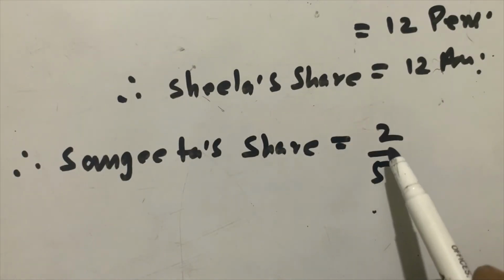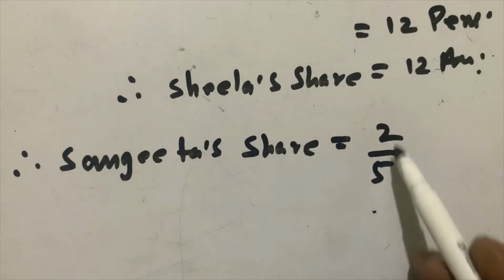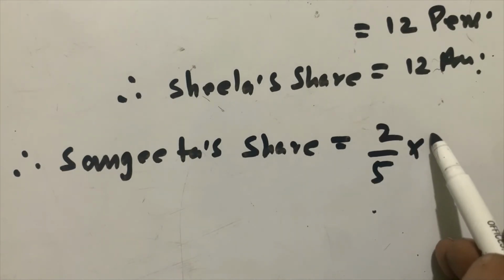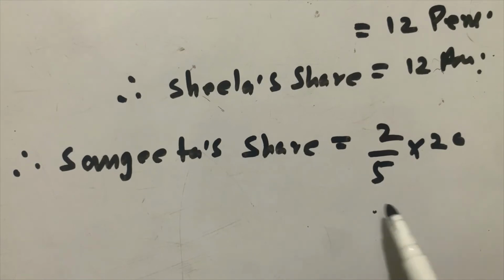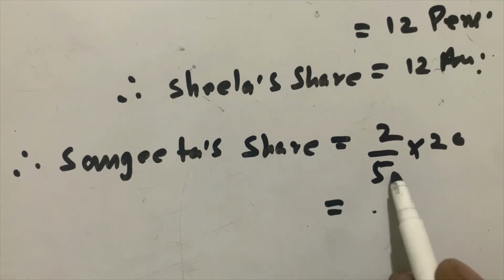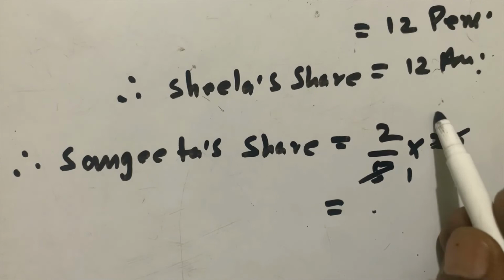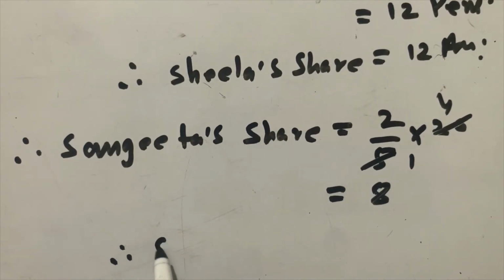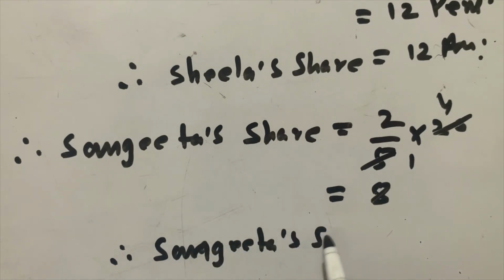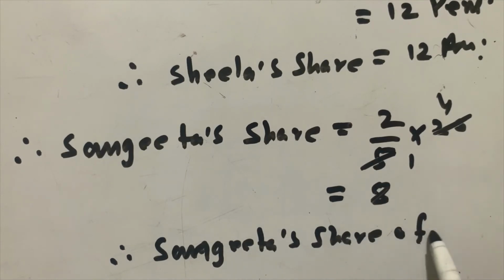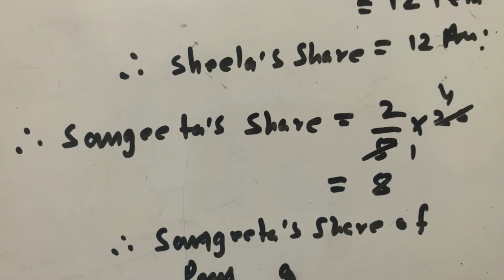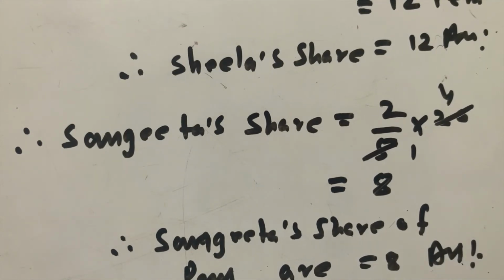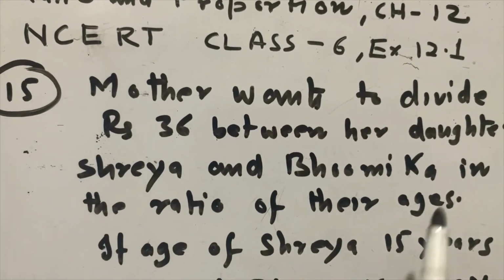Now 2 upon 5 into total pence 20 is equal to, we will read the table of 5. 5 ones are 5, 5 fours are 20. We got 8. Therefore Sangeeta's share of pence is 8. This is the answer.